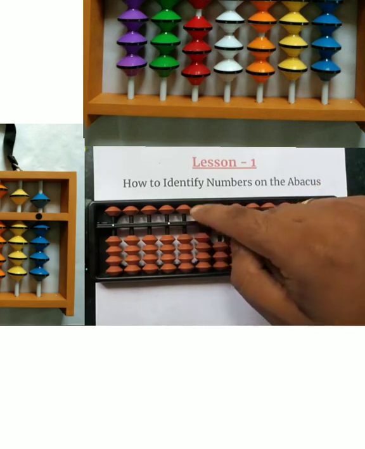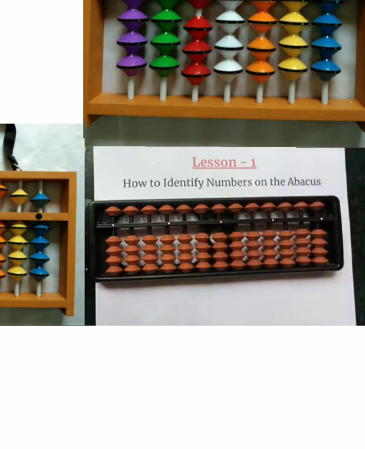Okay, so in this fashion I would explain how we identify numbers on the abacus, starting with 1-digit numbers. Each digit, the way we represent, I have already explained. The representation of each digit on each rod is exactly the same, no change. Only thing that changes is the place value.